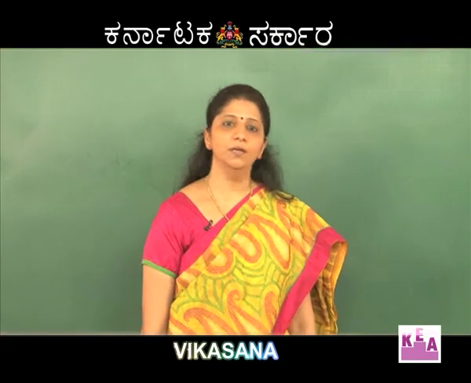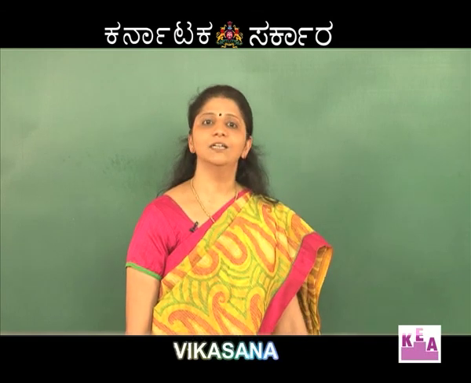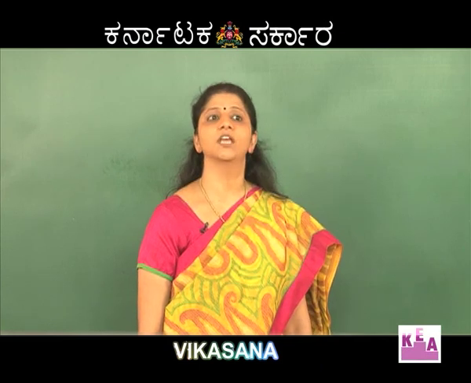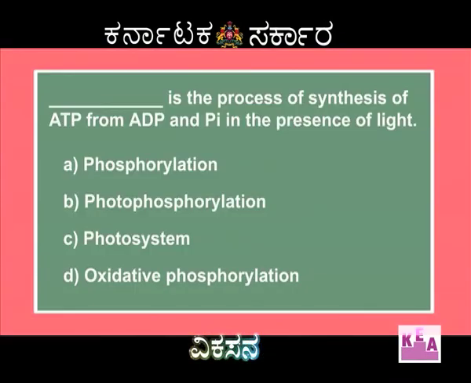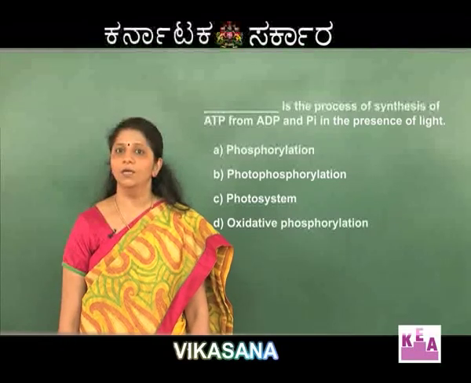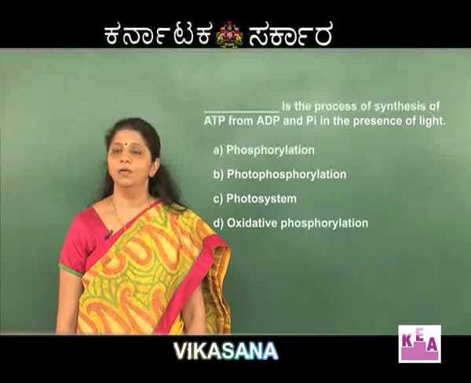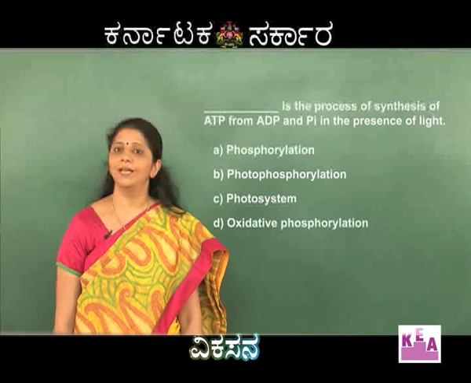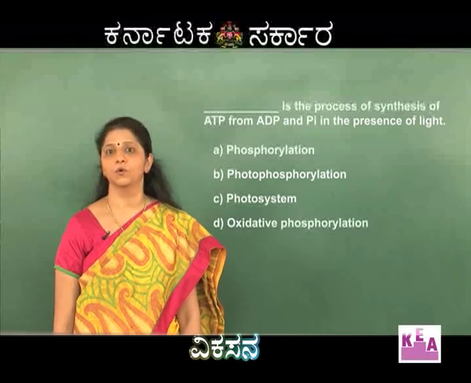Phosphorylation is nothing but the formation of ATP molecule from ADP and inorganic phosphate. And we know that there are three types of phosphorylation. One is taking place during photosynthesis, that is photophosphorylation. Since phosphorylation is an endothermic reaction, here the light is providing the energy. So we call it photophosphorylation.